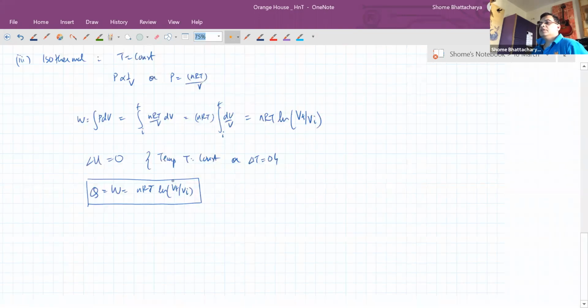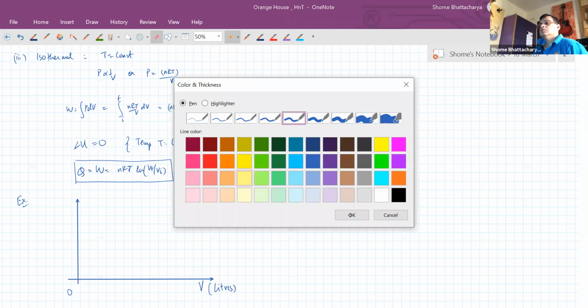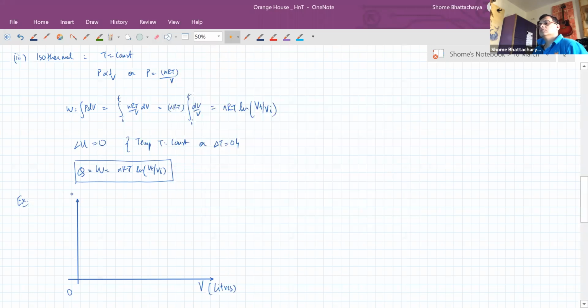Okay, so before we proceed further, let's look at an example problem with the application of these. A pressure versus volume graph is given to us for a gas.